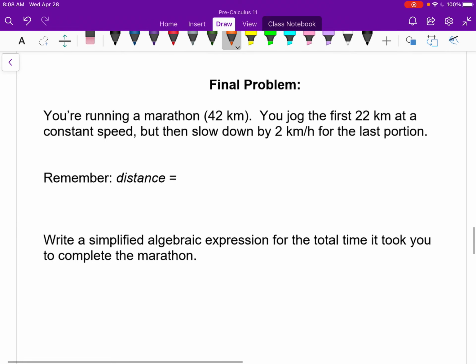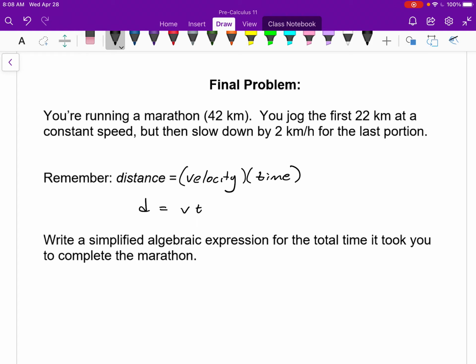No, that's it. So first, a little key thing to remember, some sort of basic physics, I guess. That distance is always the same as speed or velocity times time. And so we often write d equals vt.